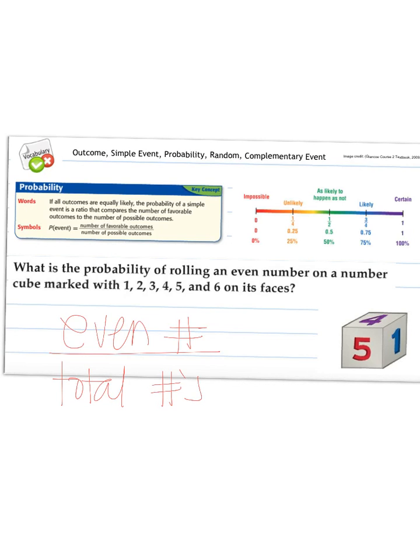Okay, so there's 2, 4, and 6. That's 3 even numbers. Total numbers, there's 6 of them, 3 out of 6. And now let's simplify that to 1/2. So the likelihood of getting an even number is 50%.